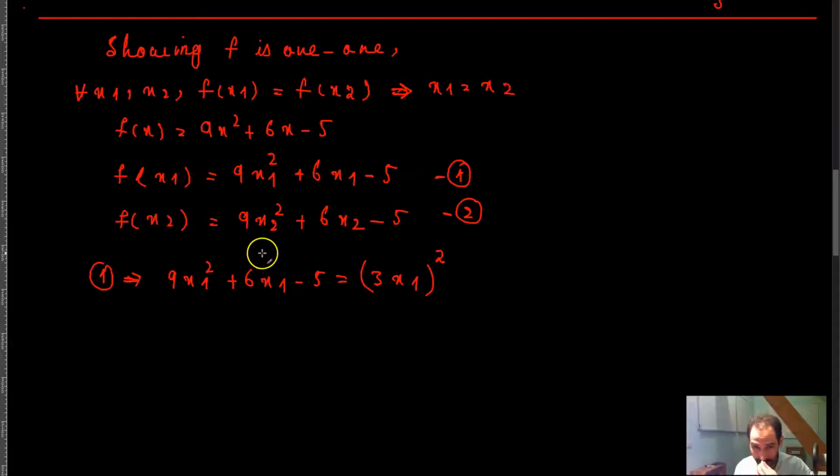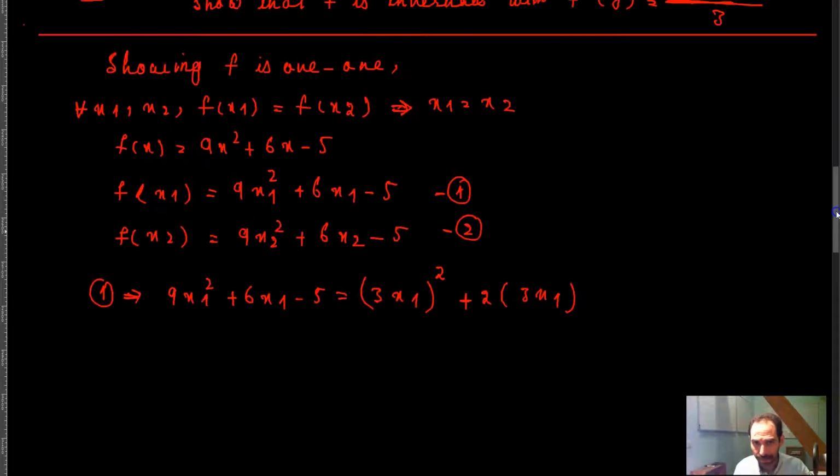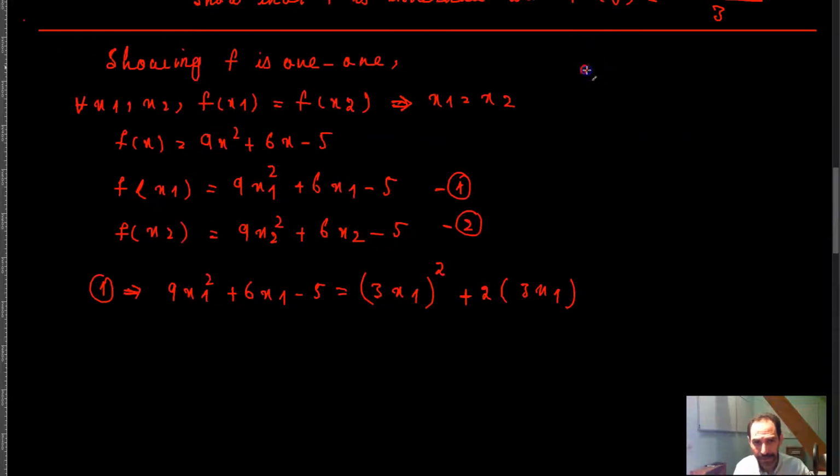So I write this as 3 times x1 whole squared plus 2 times 3 times x1, meaning that basically you have a plus b whole squared, which is the same thing as a squared plus 2 times a times b plus b squared.